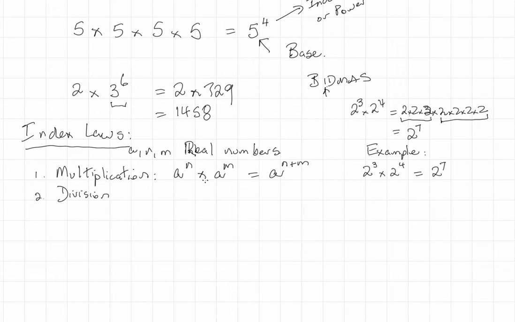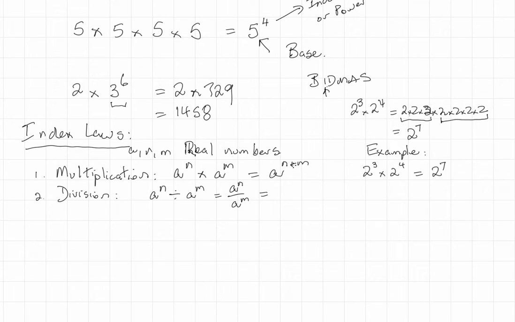Division. Note that we've got the same bases. These index laws only apply when we've got the same bases. So we've got a to the n divided by a to the m. Now once again, another way of writing division is a to the n over a to the m. And just to help you remember these, if multiplication is add, well, what's the opposite of multiplication?